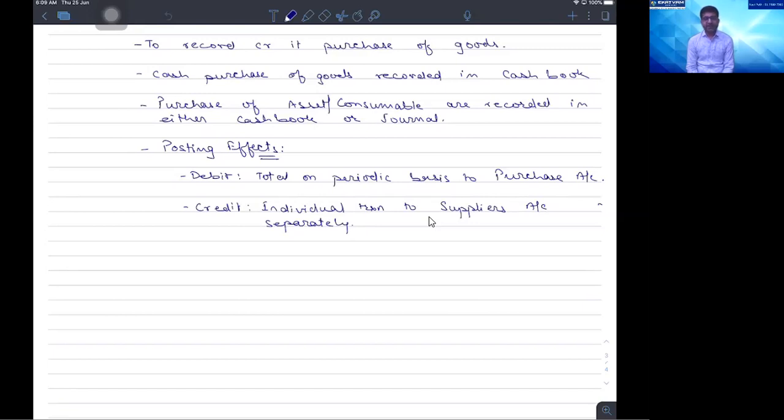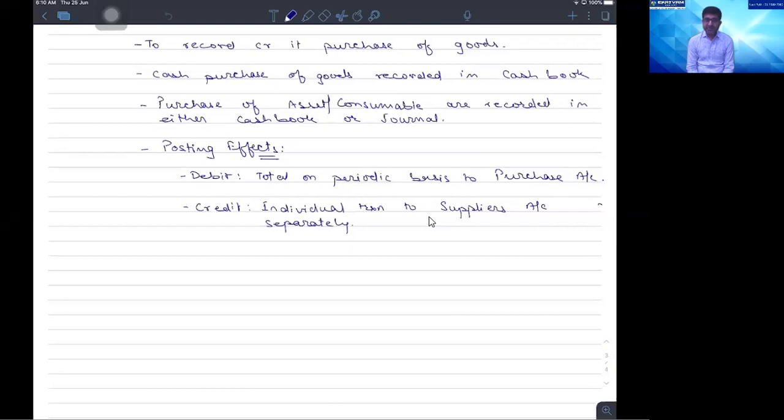Please understand, my dear friends, why are we preparing a separate purchase account? Even though the total of purchase book gives us the total amount of purchases, please understand and remember this forever. Purchase book gives us only the credit purchases total and not the cash purchases total.